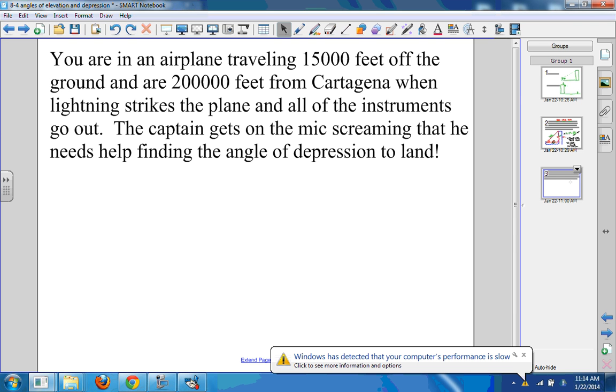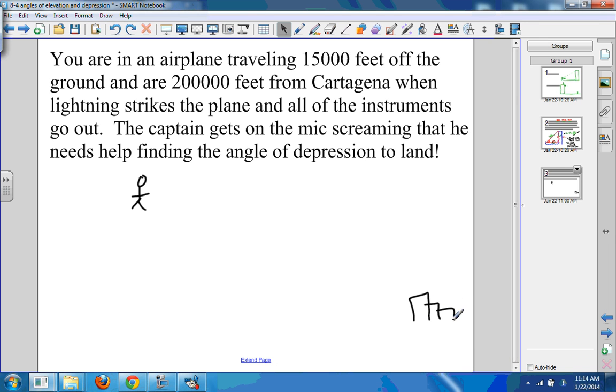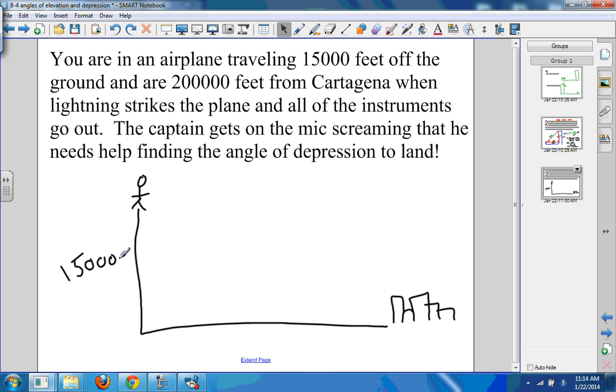So to do this problem, let's draw a picture. We have an airplane that is in the air, and you are on the airplane. So I'm just going to draw you up in the air. All right. And we have the city of Cartagena down here. We know that you are 15,000 feet off the ground and 200,000 feet from Cartagena.